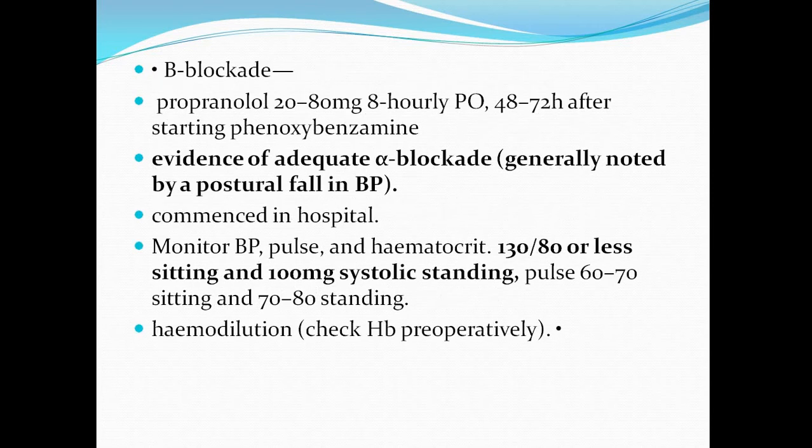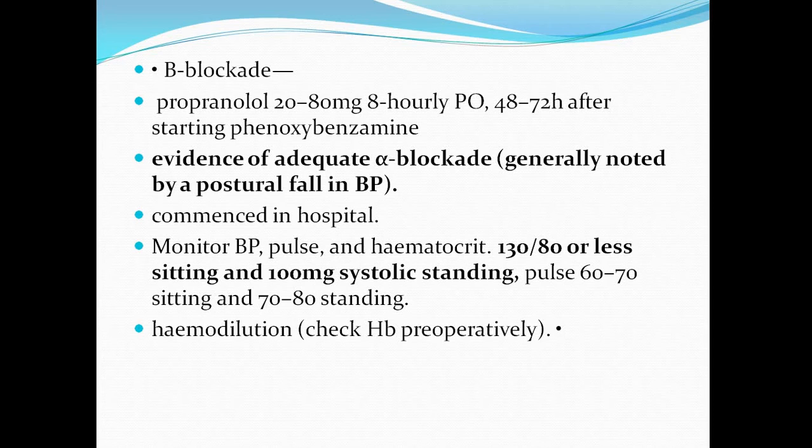And beta blockade, when do you give beta blockade? When you have enough or adequate alpha blockade, you give the beta blockade. So how do you find out that you have enough alpha blockade? When there is postural hypotension, that's quite suggestive of adequate alpha blockade. The drug of choice is propranolol.